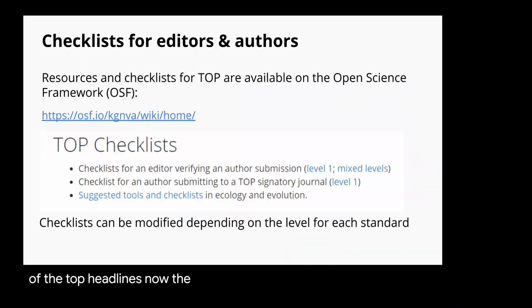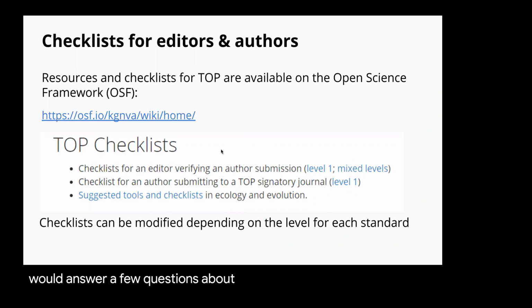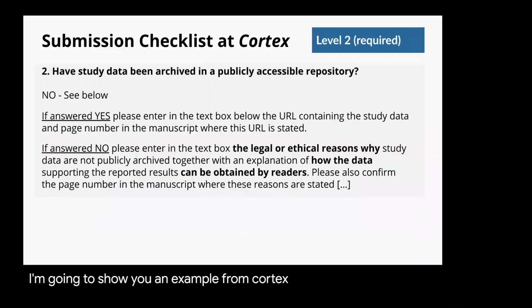Now, there are a few checklists available on this OSF page here, along with other resources. So what you would do as an author, depending on the journal where you're submitting the manuscript, is answer a few questions about these standards. I'm going to show you an example from Cortex, from a checklist that I don't think is official yet.